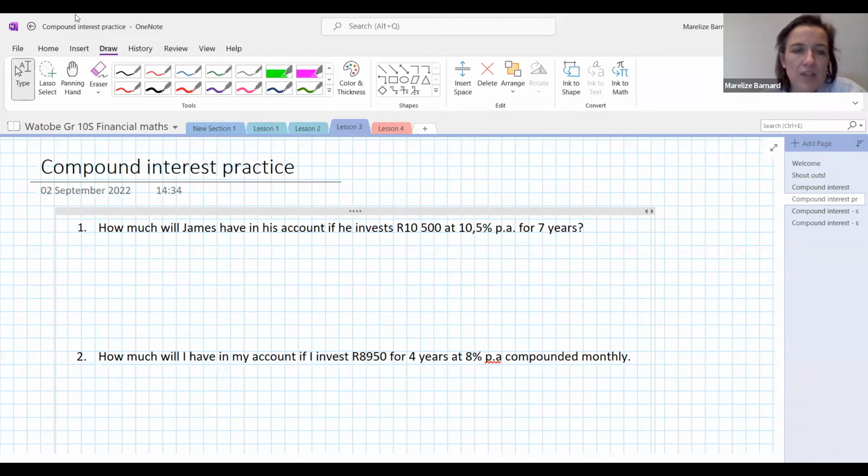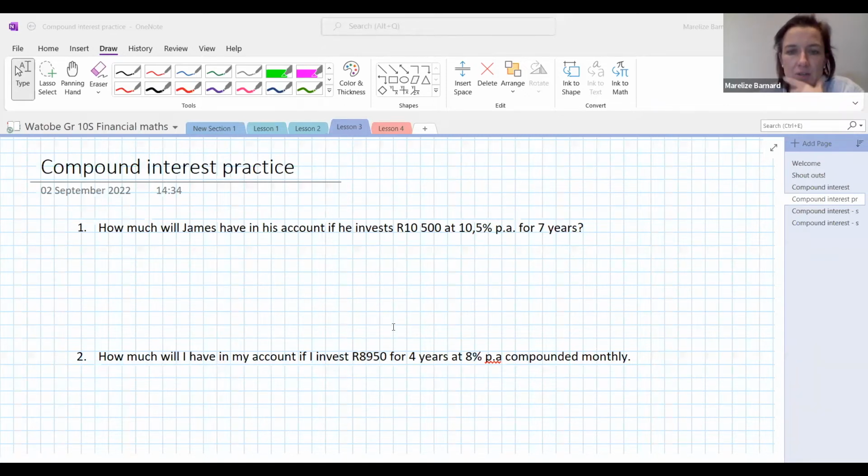How much will James have in his account if he invests 10,500 at 10.5% per annum for 7 years? So this is all compound interest. You can start with that first one, and you can also do the second one as well. The second one is monthly. So there you have to think about the dividing of the interest rate and the timesing of the years.